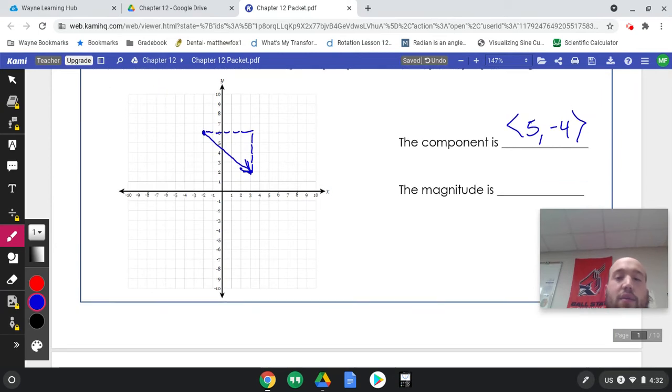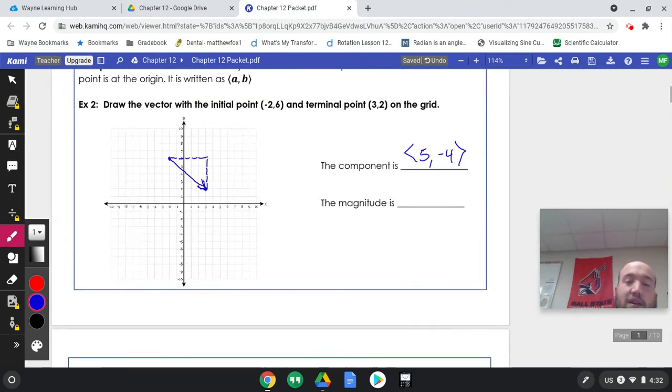Now to find our magnitude, magnitude is like that distance. We can figure that out using the Pythagorean theorem, a squared plus b squared. This was the distance of 5, this was the distance of 4 in the negative direction.